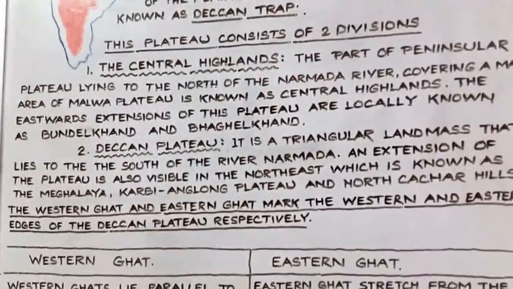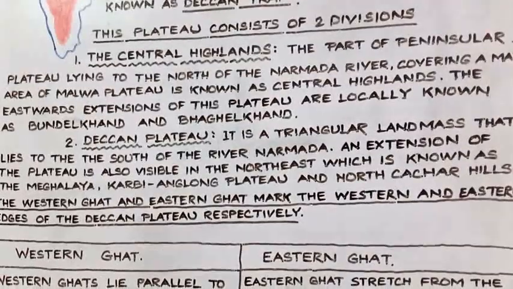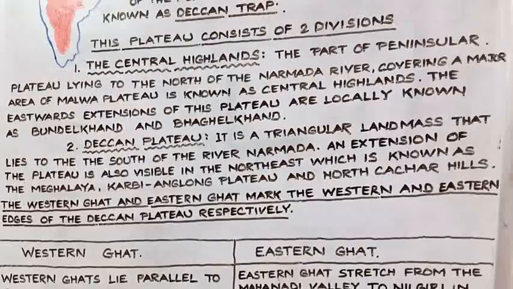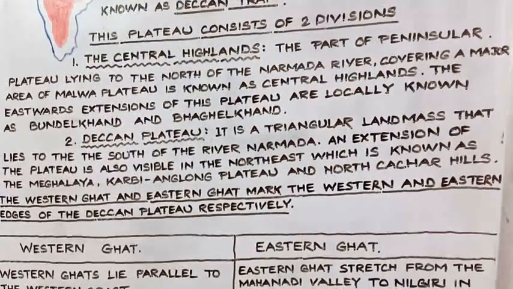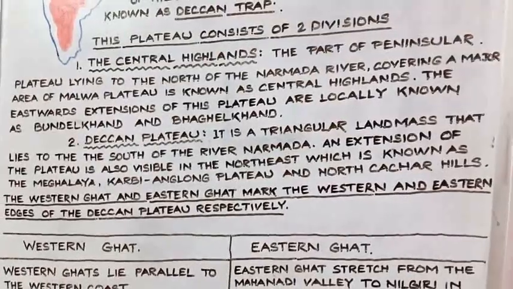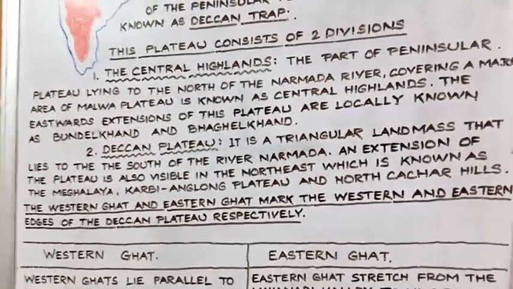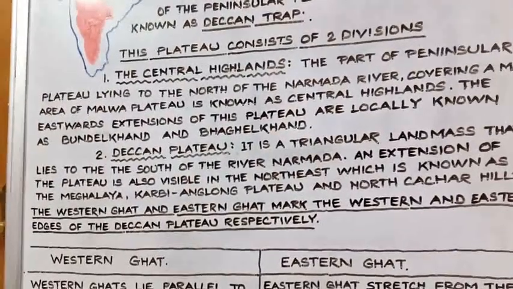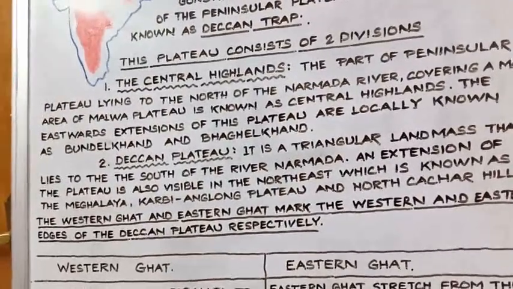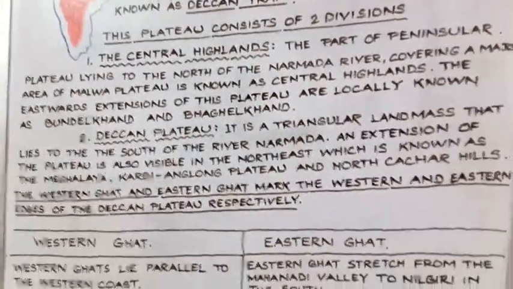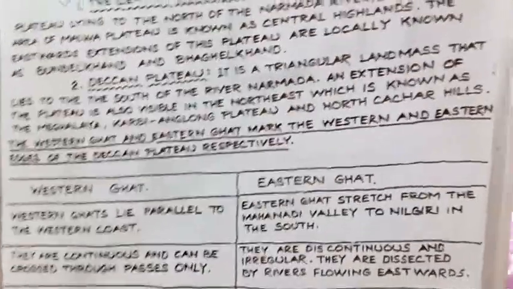The Western and Eastern Ghats mark the western and eastern edges of the plateau respectively. The edge of the plateau region on the eastern side is called the Eastern Ghat, and on the western side it is called the Western Ghat.